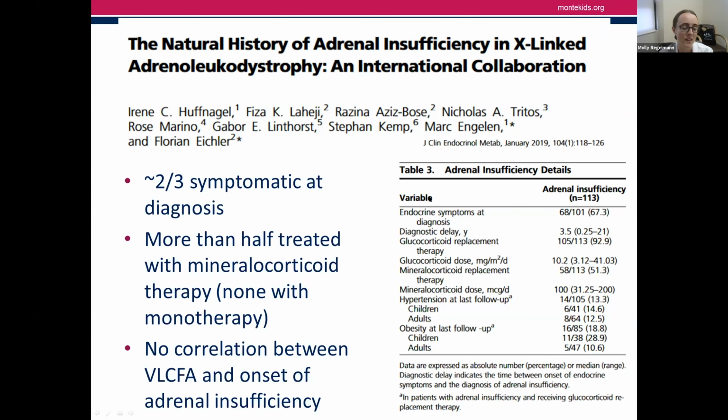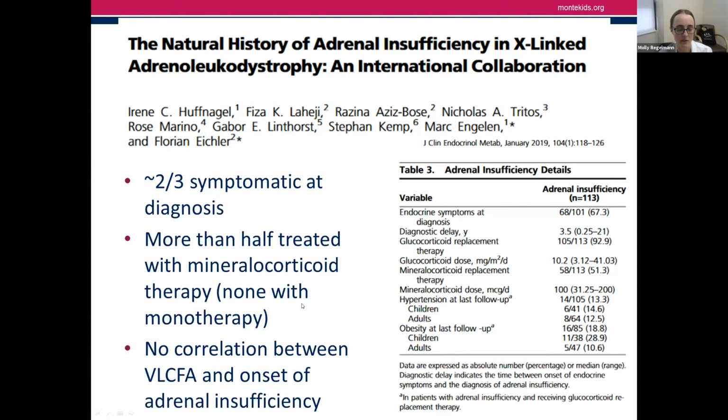It is possible to have adrenal insufficiency and not have a major adrenal crisis for that long, but it's not an ideal thing to gamble with, not treating. More than half of their cohort were treated with mineralocorticoid therapy, and none were on just mineralocorticoid therapy.